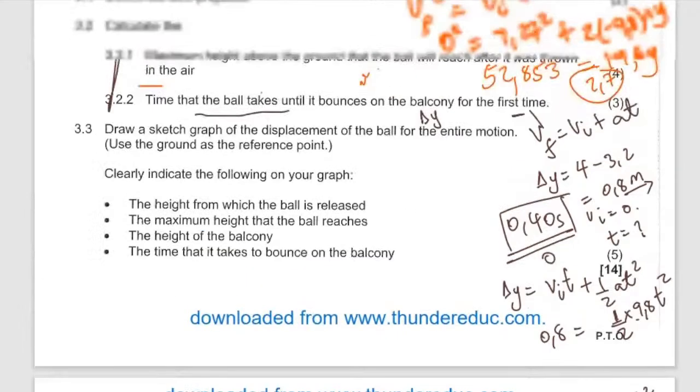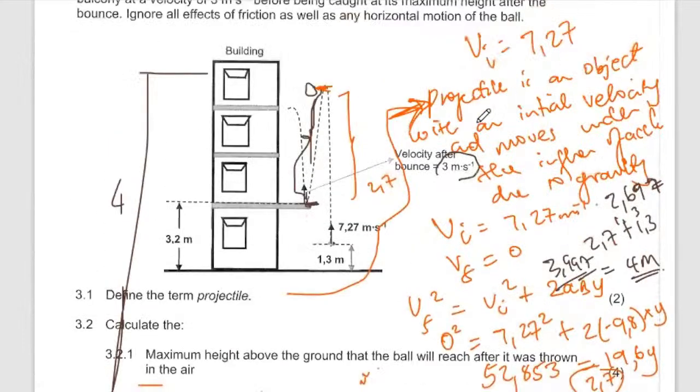So what's going to be the displacement? Well, 1.3 up to that, and so you get 2.7. So it means you can use the 2.7, 4 minus 1.3 plus 2.7. That's correct.